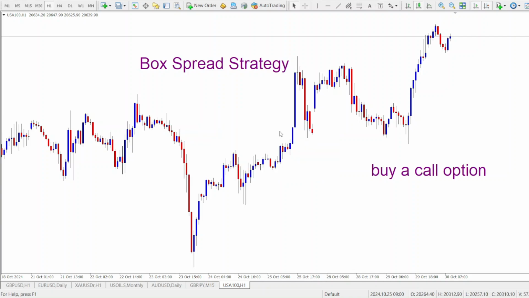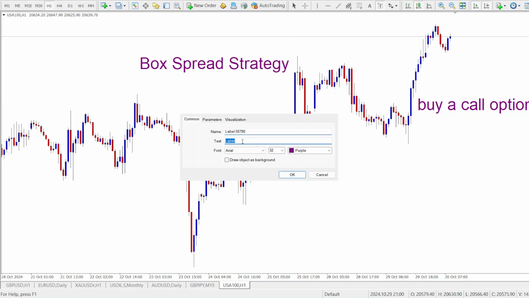This is the first trade that you would want to execute, buy a call option, and the second will be sell a call option.